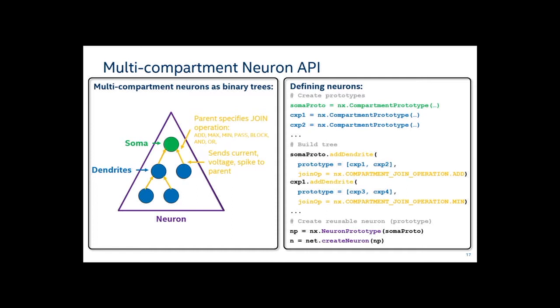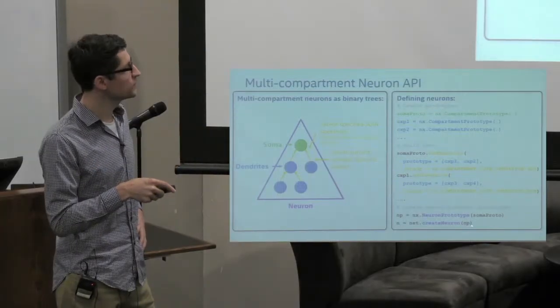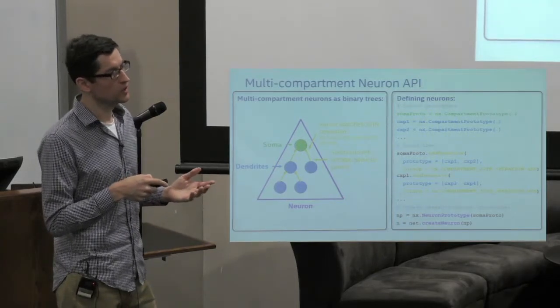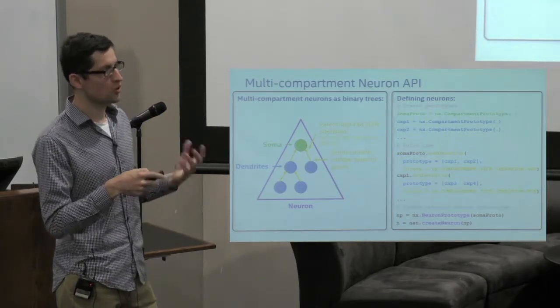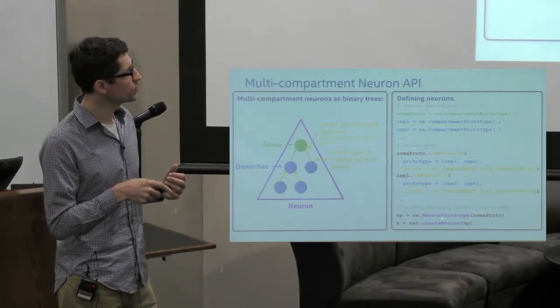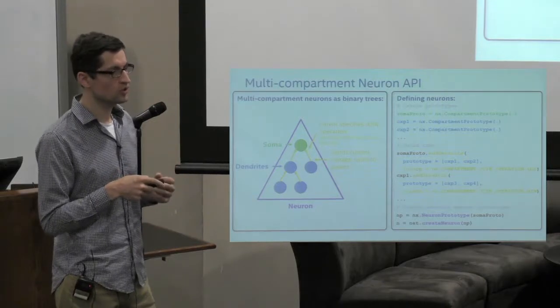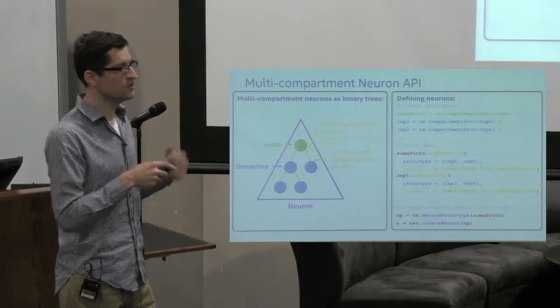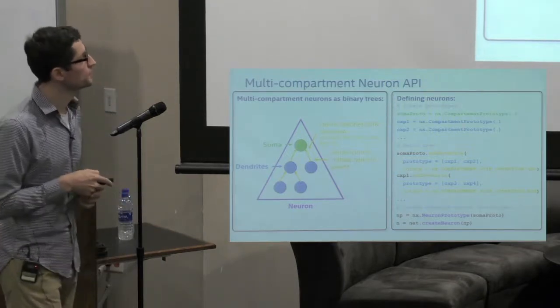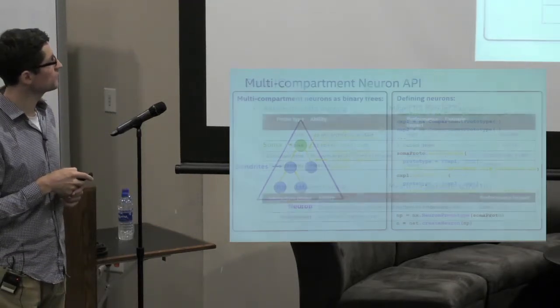Then you can create a neuron prototype and maybe save this for later usage, or you can instantiate a neuron out of this neuron prototype. Or you can go to our neuron prototype library and import one of those predefined neuron prototypes that has been defined earlier, and then just instantiate them. That is the idea behind this API here.